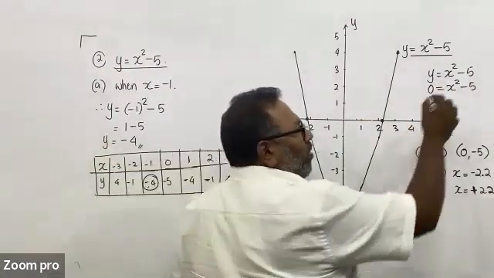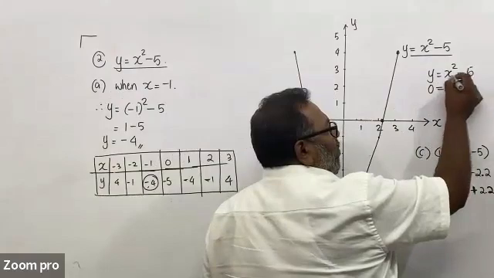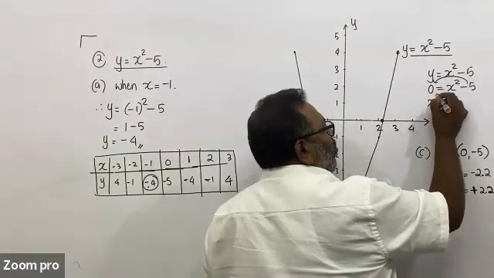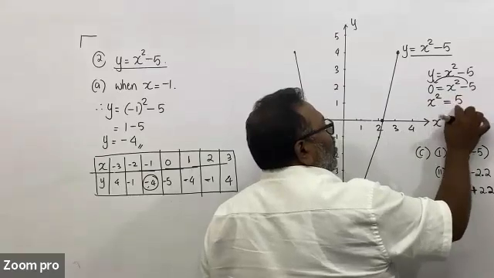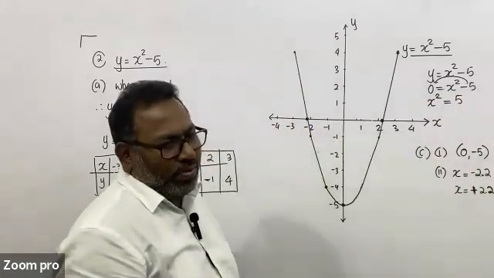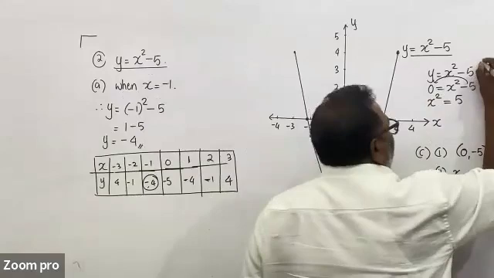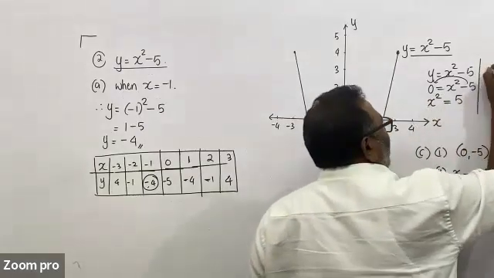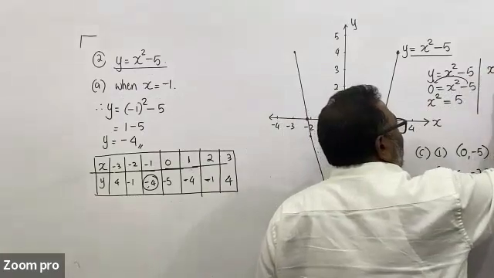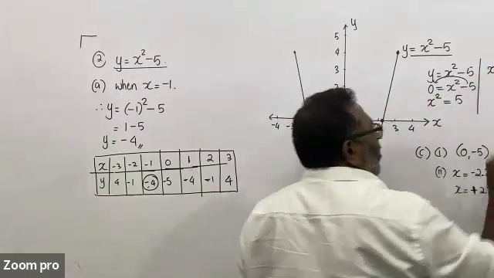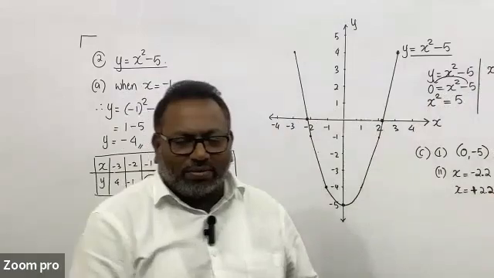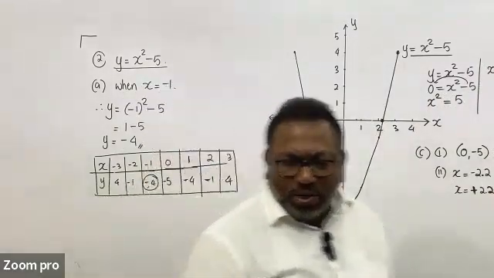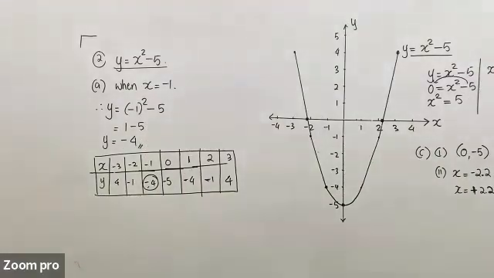You take the minus 5 to this side. You have x squared is equal to plus 5. Then you find the square root. So x therefore is the square root of 5. If you take your calculator, right?